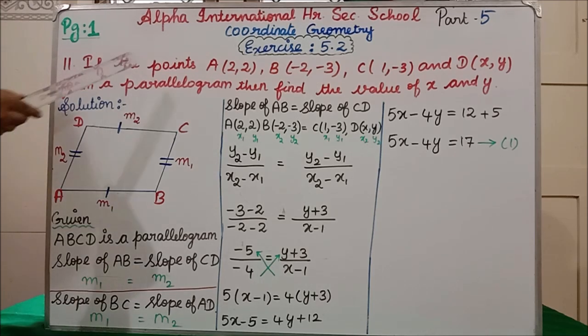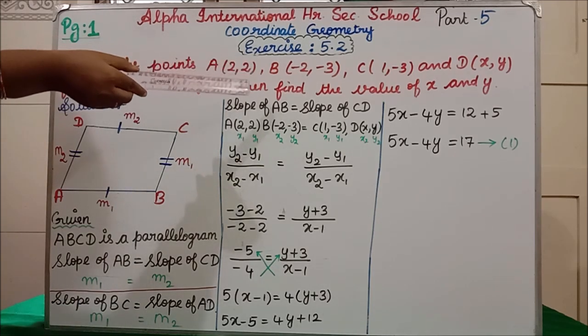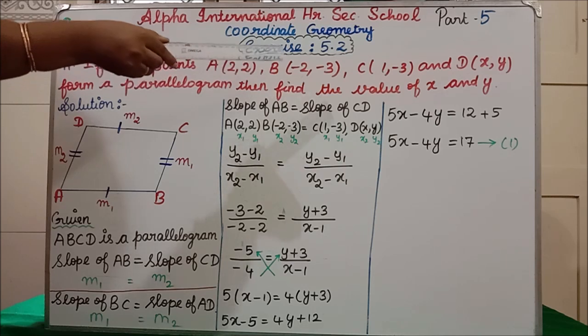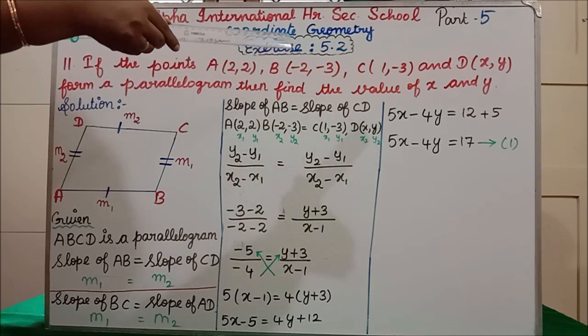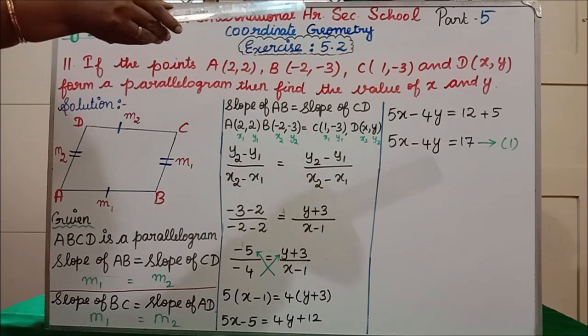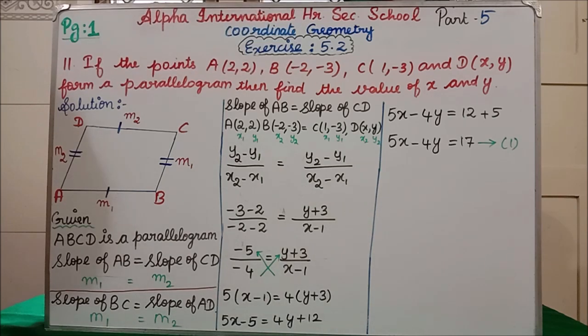Clear? If the points A (2, 2), B (minus 2, minus 3), C (1, minus 3) and D (x, y) form a parallelogram, then find the values of x and y. See, these points form your parallelogram.